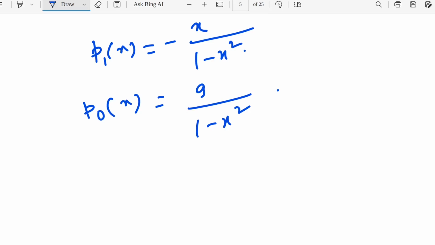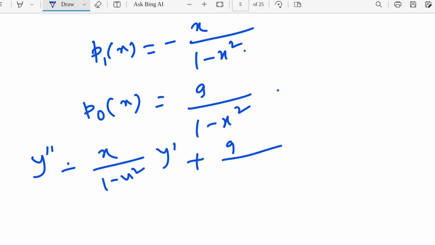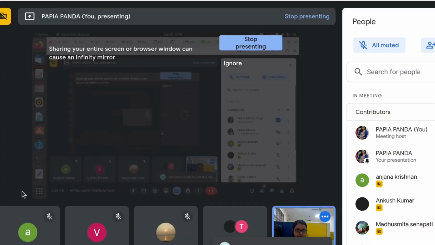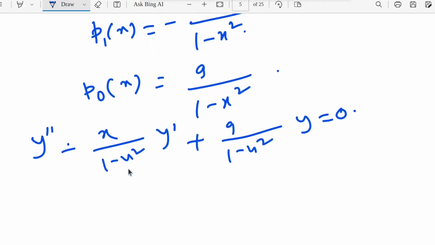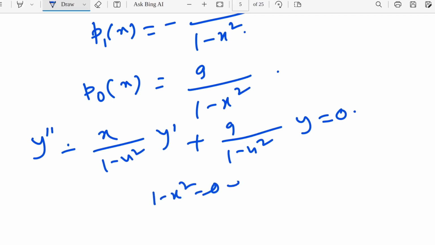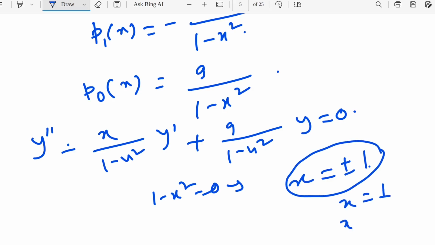Okay, so from that equation, y double prime minus x by (1 minus x square) y prime plus 9 by (1 minus x square) y equals to 0, you can obviously tell how many possible singular points there are. If I write it like that, then x will be plus minus 1. That means x equals to 1 and x equals to minus 1, these two can be possible singular points.